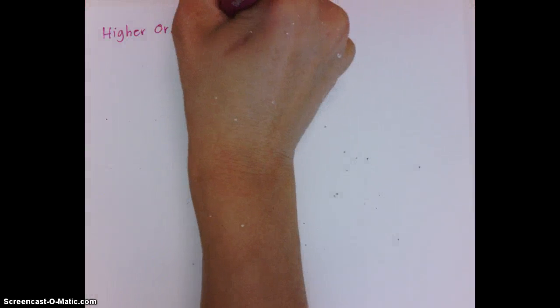Let's go ahead and look at second and third derivatives. Okay, so we should be able to find the derivative of different functions multiple times. And so we call these higher order derivatives.